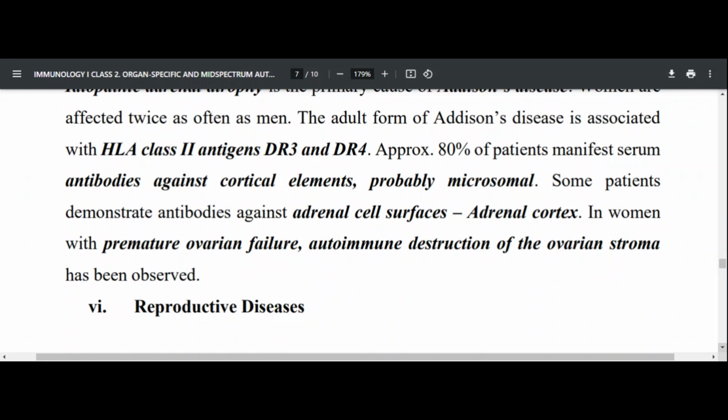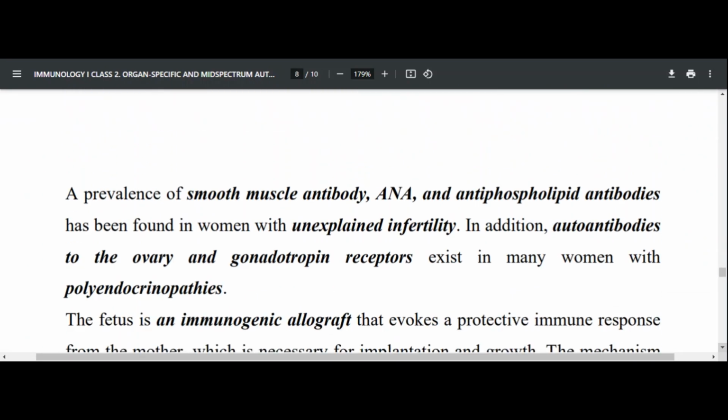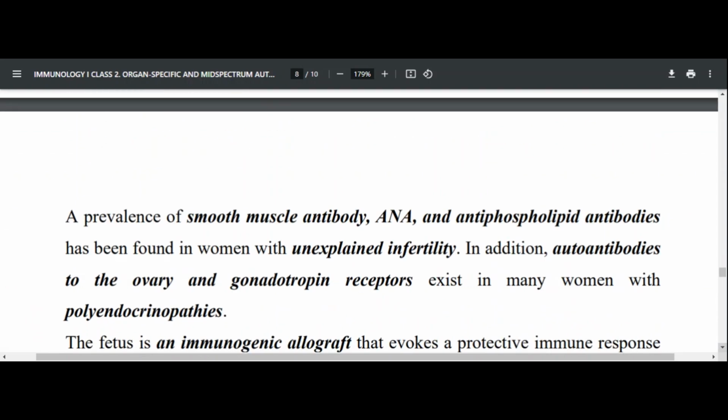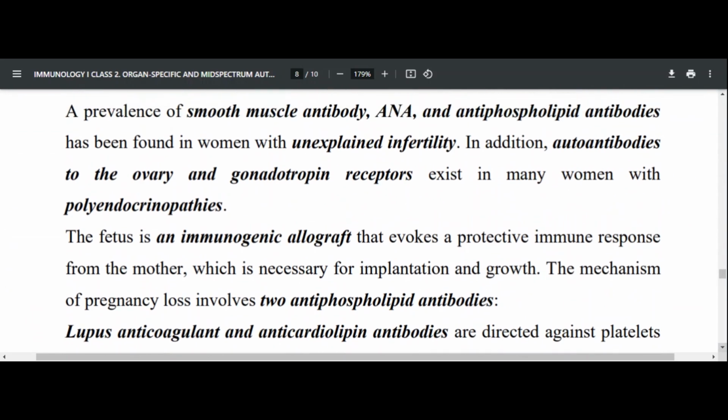Apart from that, we also have reproductive diseases. The prevalence of smooth muscle antibodies, anti-nuclear antibodies, and anti-phospholipid antibodies has been found in women with unexplained infertility. There are some women with infertility that is at least explainable.